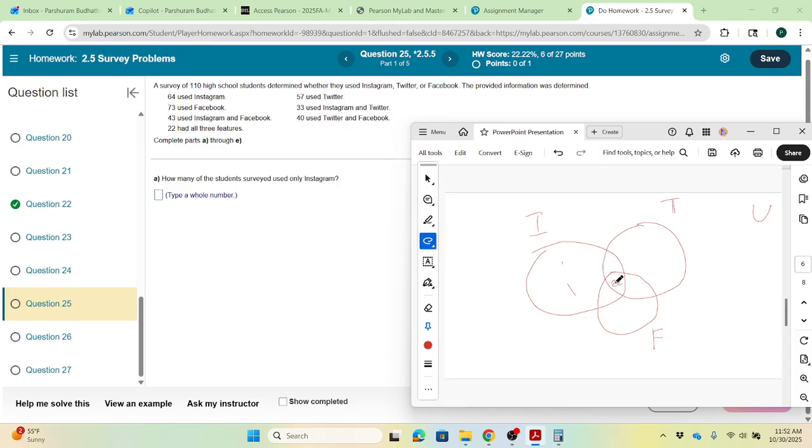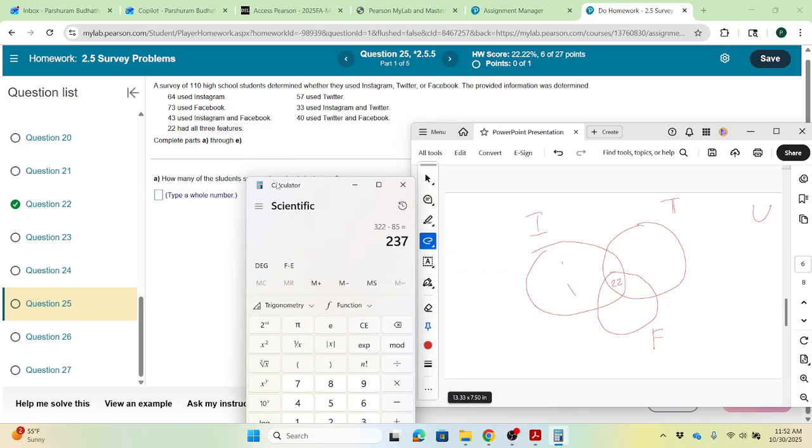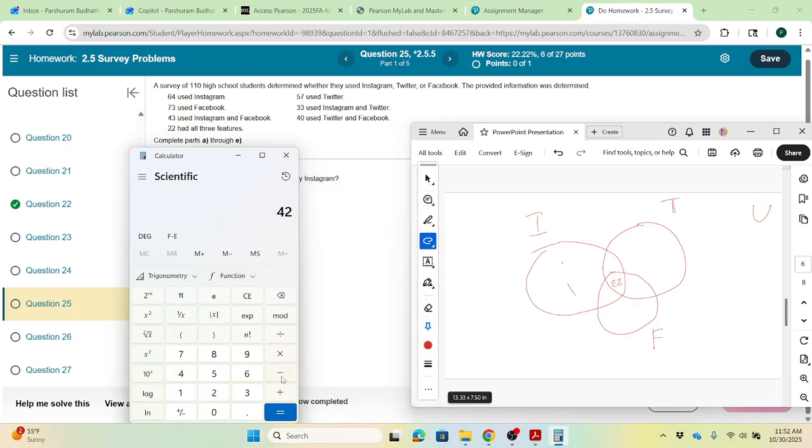So 43 minus 22 is 21. That number is inside Instagram and Facebook, so that goes here, 21. 21 plus 22 is 43.